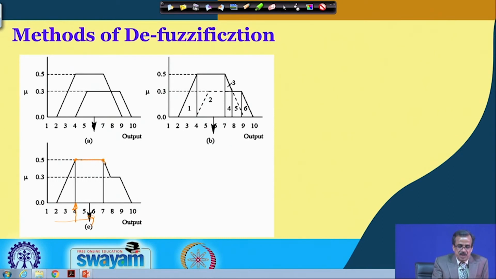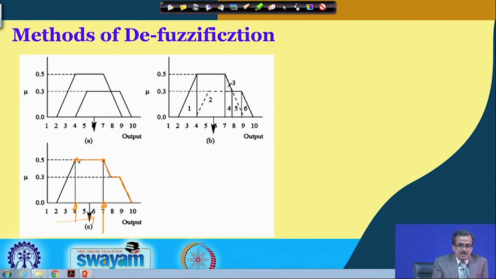So, this will remain the same up to this value of the output variable. That means, starting from here up to this, the value of mu will remain constant, and that is the maximum value of the membership value. And after that mu is going to be reduced, then once again it will remain constant and then be reduced. Now, we try to find out the range for the output variable where mu reaches the maximum.